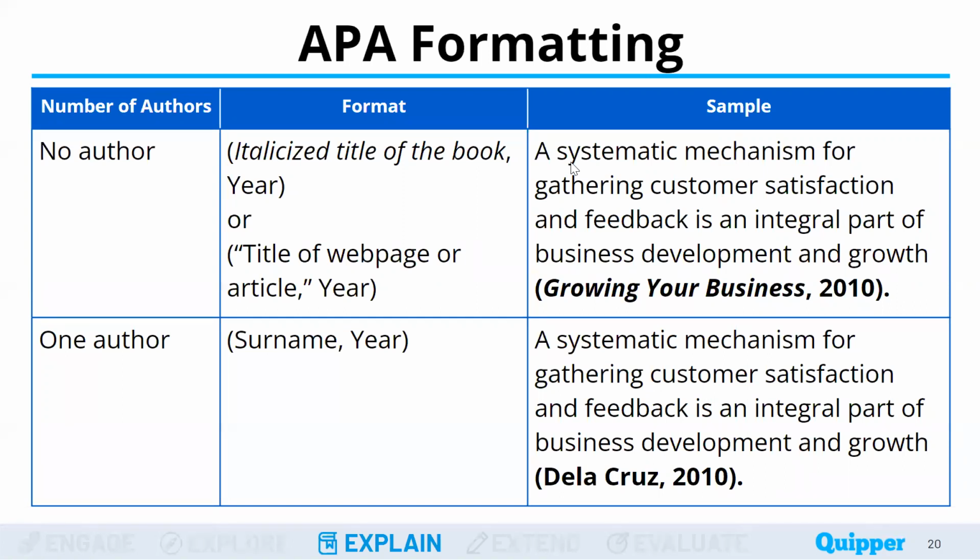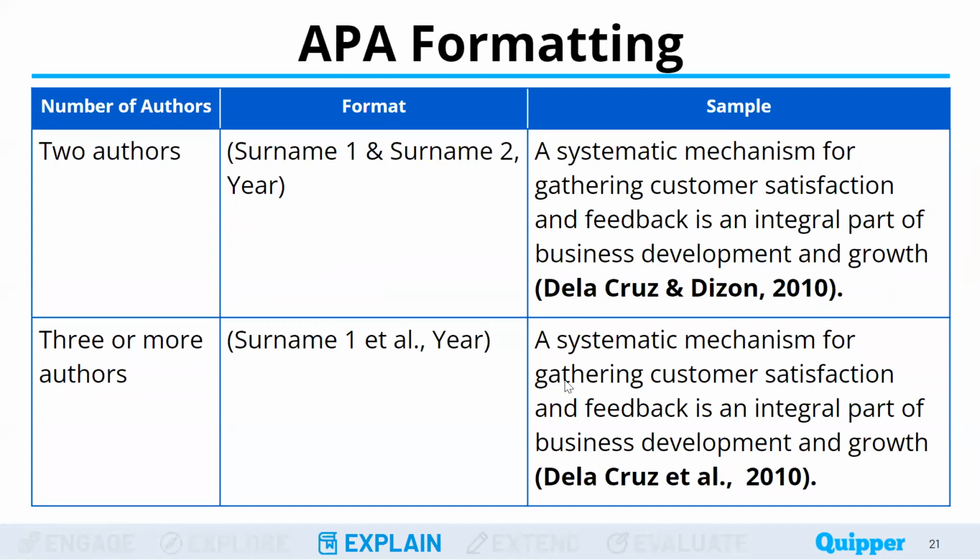Para siyang kanina yung parenthetical. Pero kapag walang author, yung title yung nilalagay natin. If merong author, surname lang, and then yung year, yung 2010. Pag dalawa yung surname, De La Cruz and Dizon, 2010. Kung marami silang author, we can use De La Cruz et al., 2010.